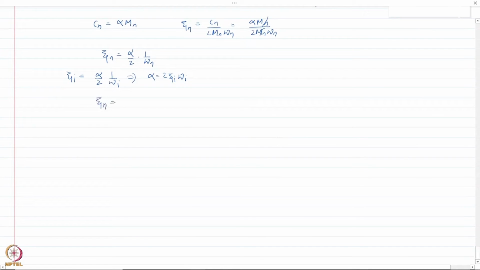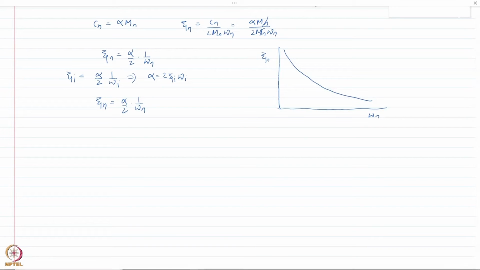Once alpha is known from the calculation for one of the modes, for the rest of the modes the damping can be found as alpha by 2 times 1 by omega n. If you look at the variation of the damping here, let us say this is zeta versus omega n, it is a hyperbolic distribution, where zeta n is equal to alpha by 2, some constant, times 1 by omega n.